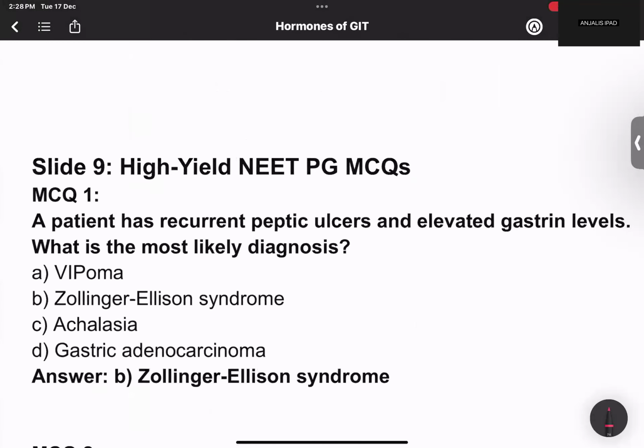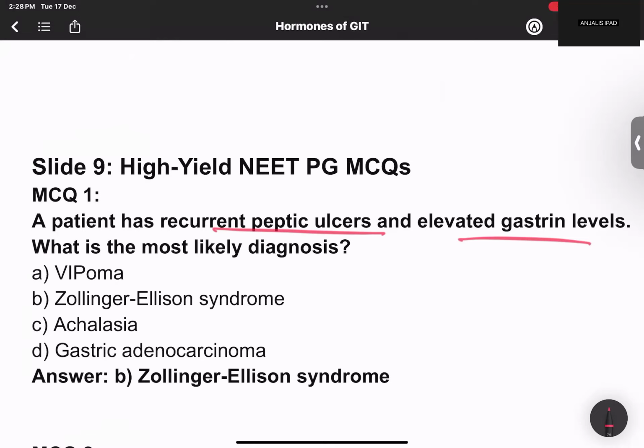What is the most likely diagnosis? The options are lipoma, Zollinger-Ellison syndrome, achalasia, and gastric adenocarcinoma.